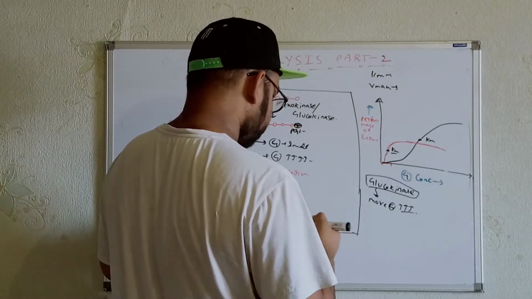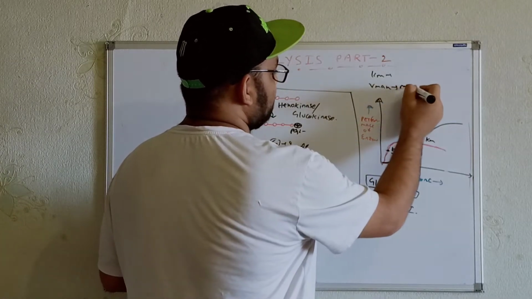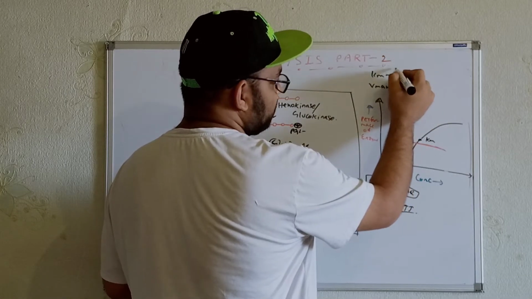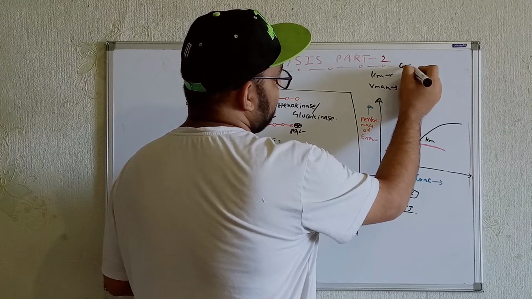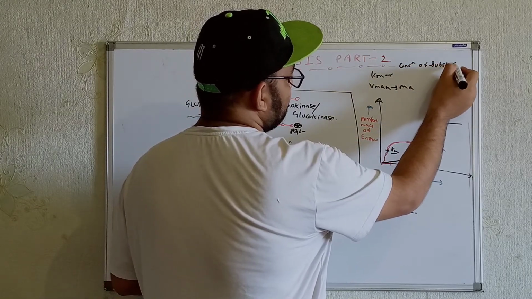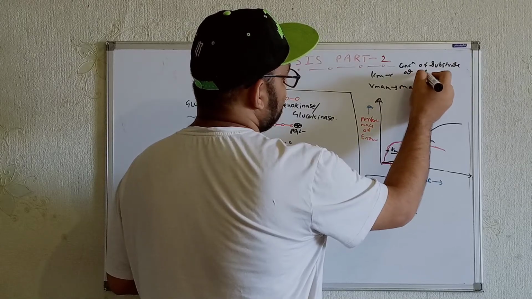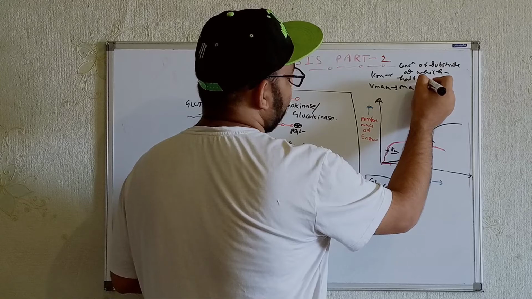Now see, what about the Vmax? Vmax means the maximum velocity. So we can write that Km means the concentration of substrate at which half of the enzyme will get saturated.